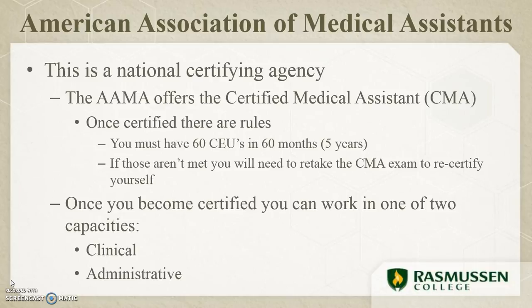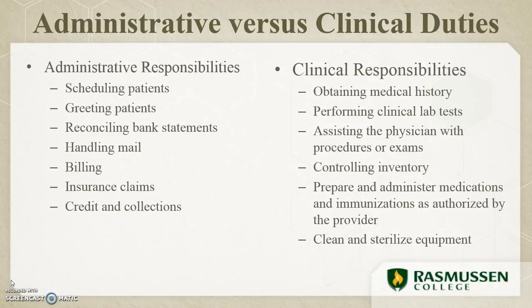Now, once you do become certified, you can work in one of 2 capacities. You could work as a clinical medical assistant or an administrative medical assistant. Let's take a look at what the difference is between those 2. So an administrative medical assistant is the one who we consider the front-end medical assistant. They will schedule your patients, greet them as they come in, and room them for doctor appointments.